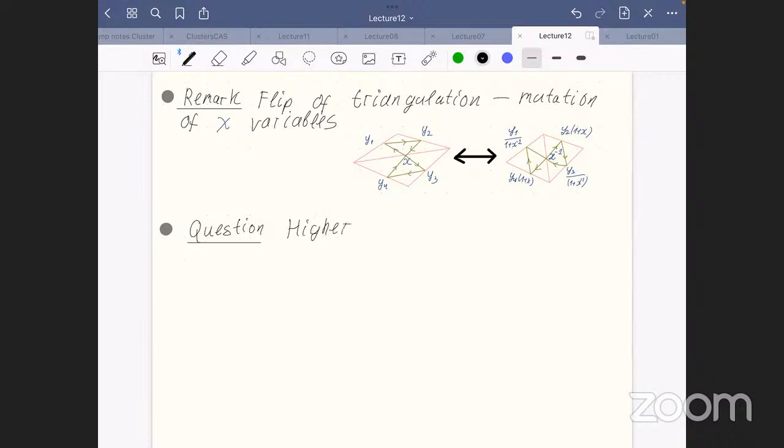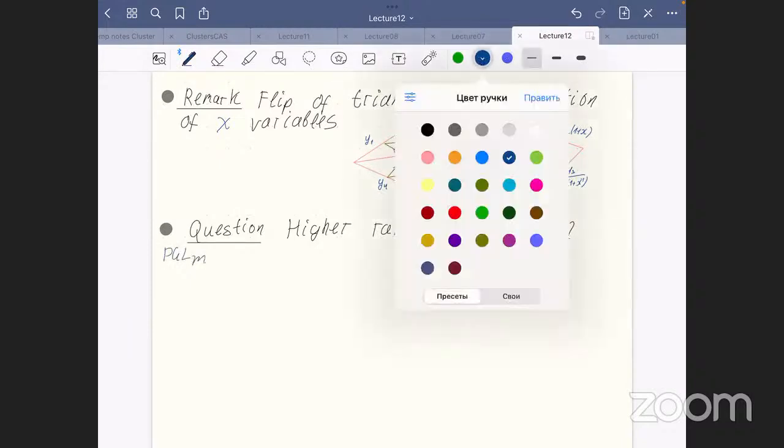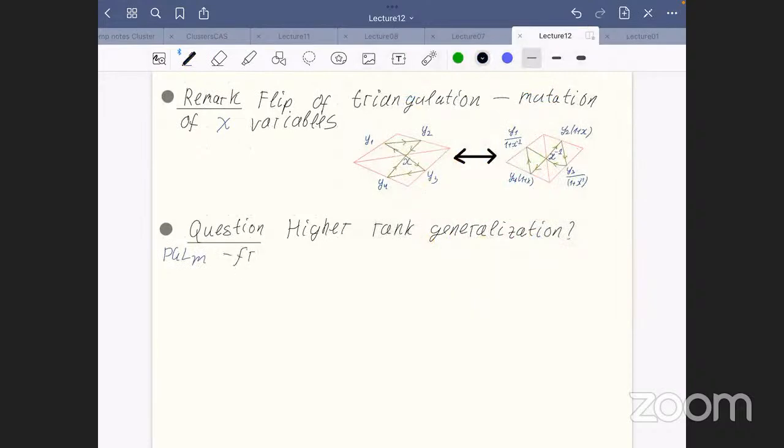So, the question: higher rank generalization. All of that was about cluster coordinates for PGL2 local systems. So PGLM framed local systems.